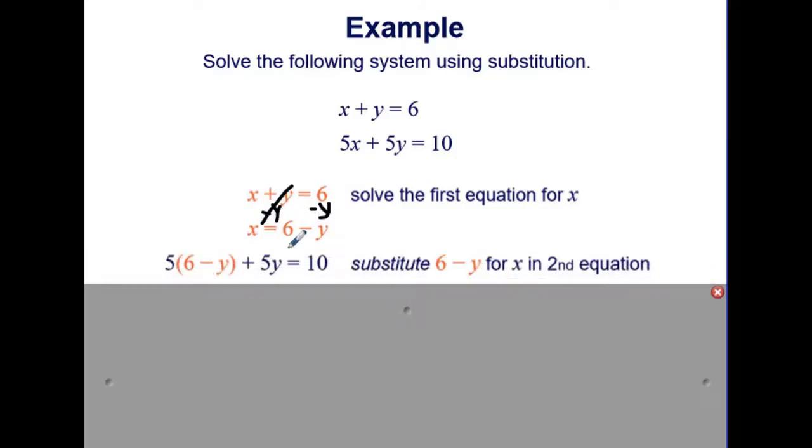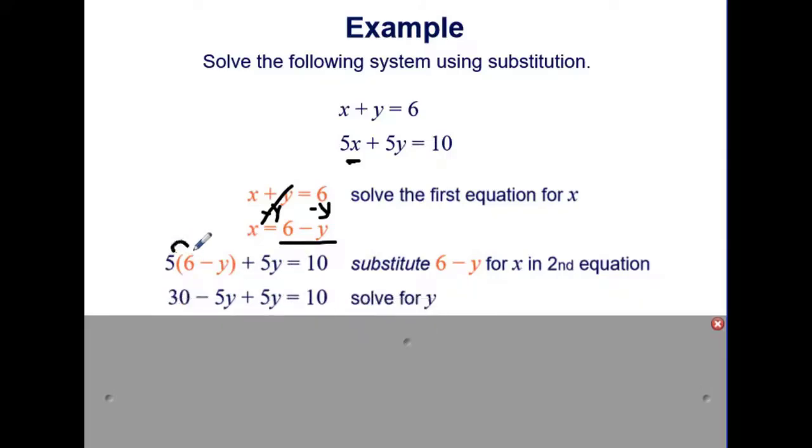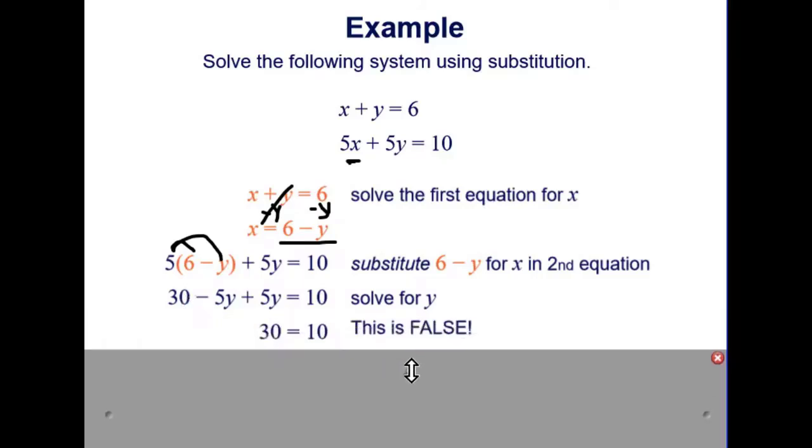We're then going to substitute 6 minus y in for x in the other equation. So it's no longer 5x, but 5 times 6 minus y plus 5y equals 10. After distributing, that would give us 30 minus 5y plus 5y equals 10. And negative 5y plus 5y simplifies to 0, or cancels out, leaving us with 30 equals 10.